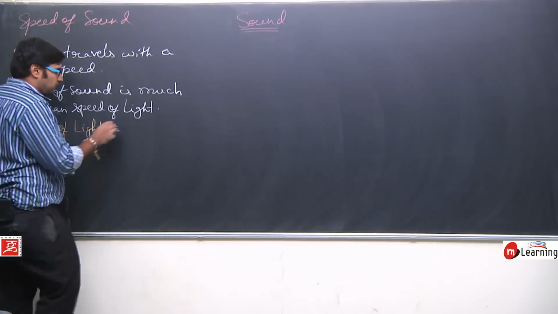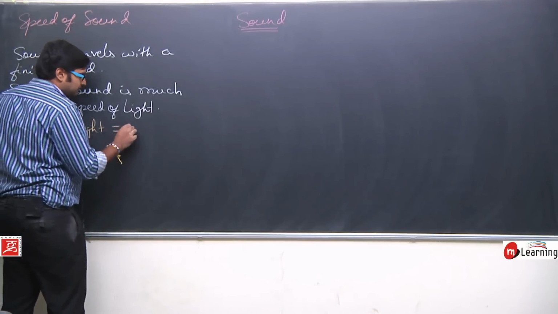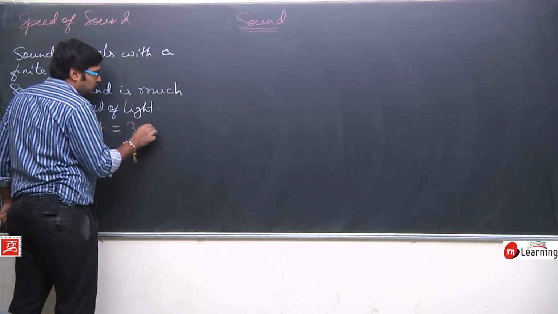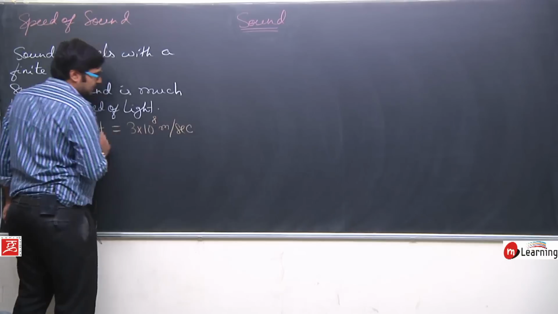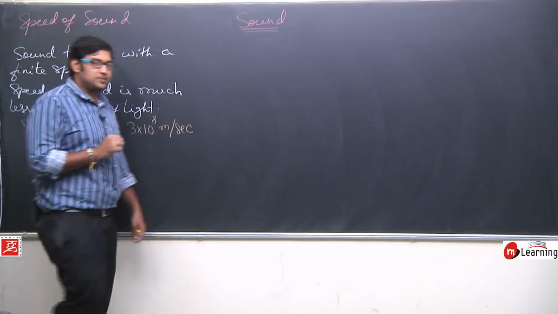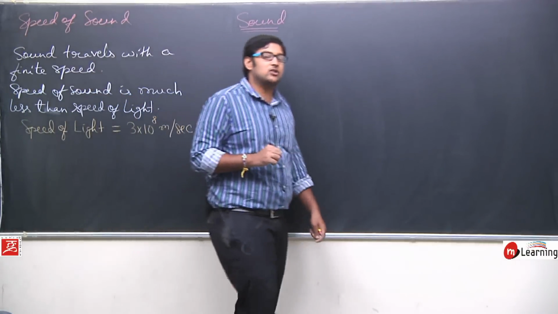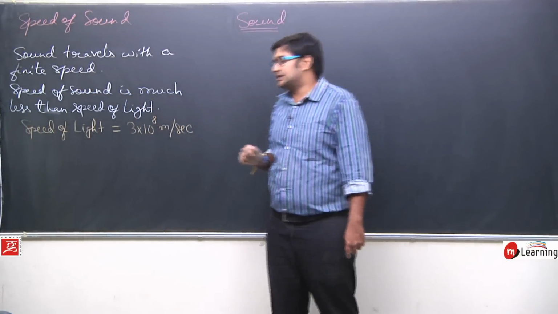The speed of light is basically 3 into 10 to the power 8 meters per second. Okay, the speed of light is 3 into 10 to the power 8 meters per second.